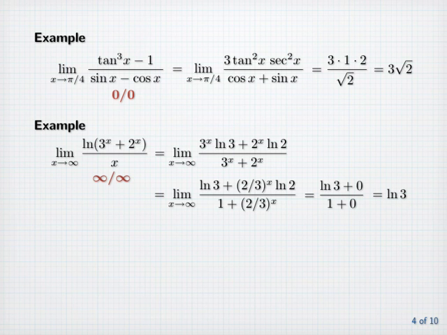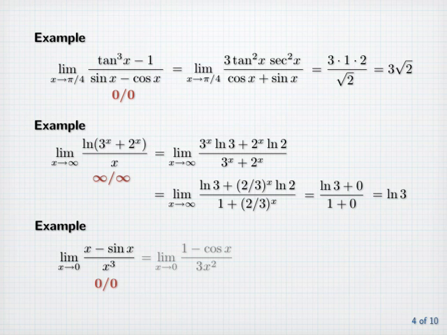Another example. Let's take the limit as x goes to 0 of x minus sine x divided by x cubed. Let's first notice that the numerator and denominator both approach 0. So let's apply L'Hopital's rule. This is the limit as x goes to 0 of 1 minus cosine x divided by 3 times x squared. And now we still have a 0 divided by 0 form. So let's apply L'Hopital's rule again.